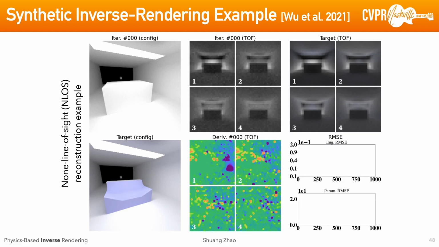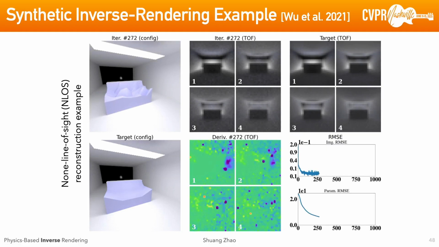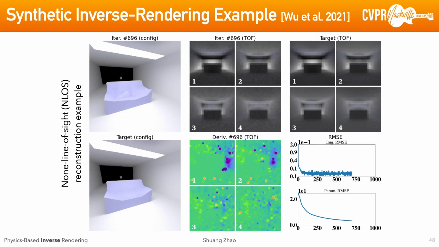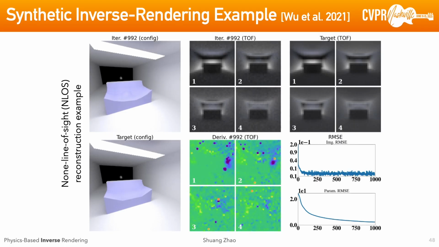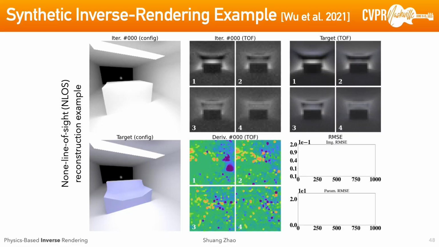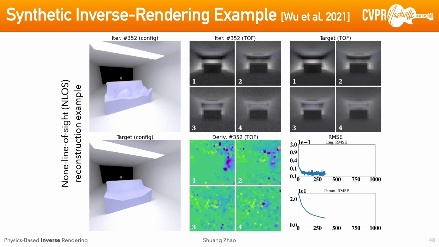So in this example, we are showing the renderings and their derivatives of some basic transient camera images. These are images that only collect photons arriving at the sensor during a certain time window. So this apparently gives us more information and allows us to do this sort of non-line-of-sight imaging.